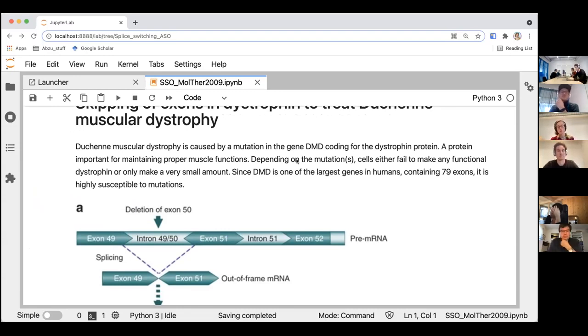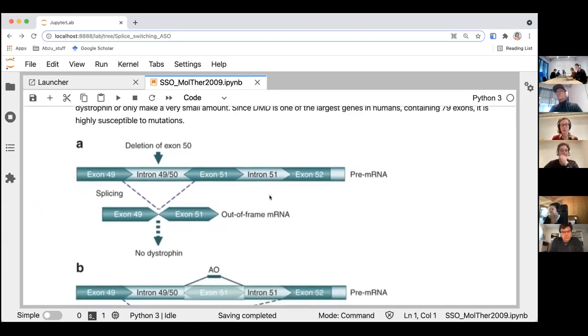You can have mutations all across the gene, and the gene is actually very long. It contains 79 exons. What we'll be looking at today is mostly where you have a deletion of exon 50. And when you do not have exon 50, you will have an out-of-frame mRNA, which means that you will have no dystrophin protein.